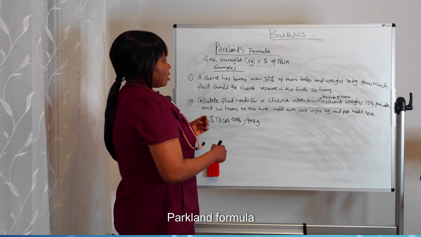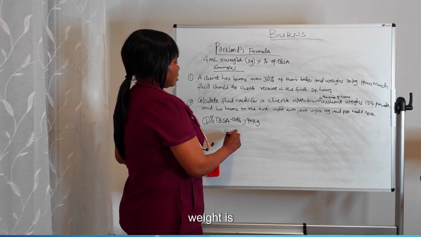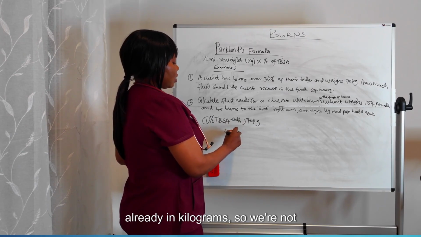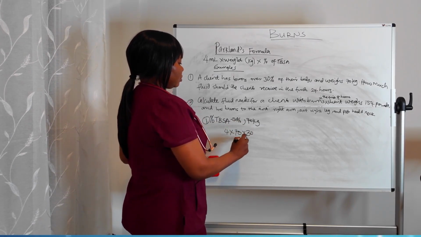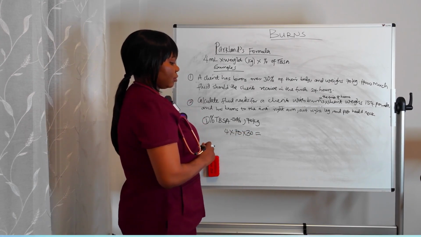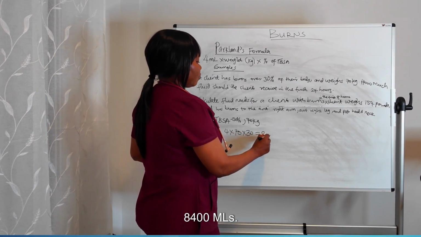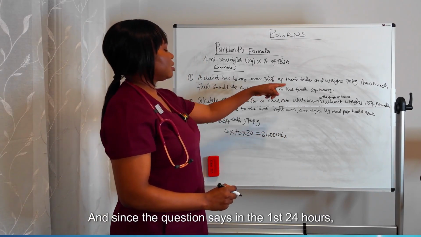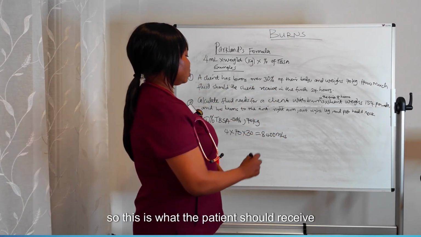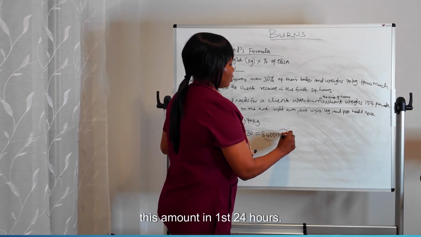With the Parkland formula, we say 4 times weight, which is already in kilograms so we're not converting, times the percentage, which is 30. If we do this, this will give us 8,400 ml. And since the question says in the first 24 hours, this is what the patient should receive in the first 24 hours.